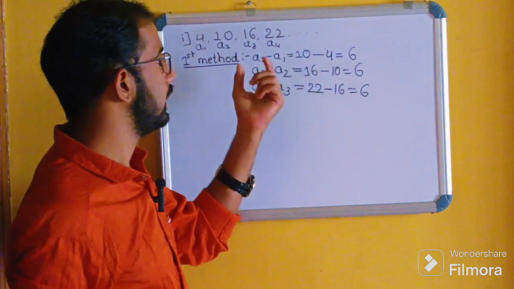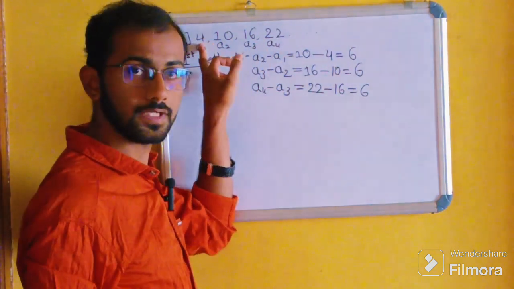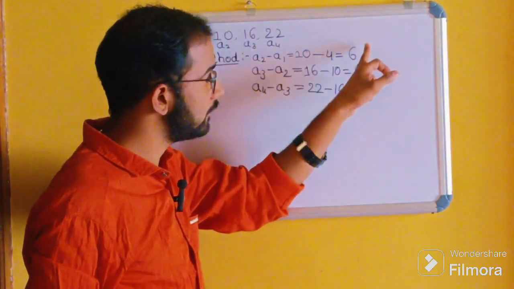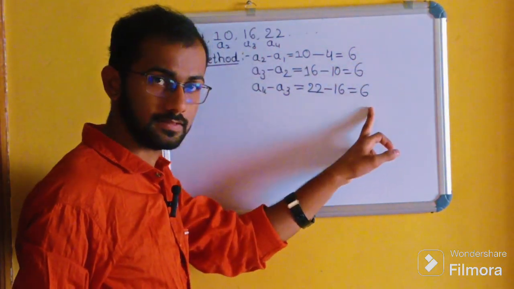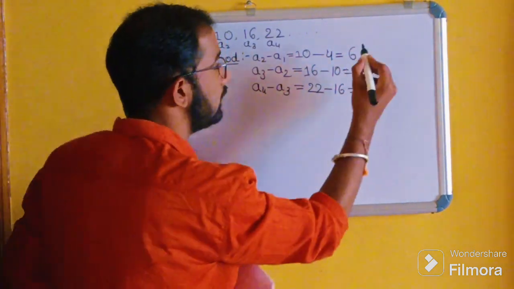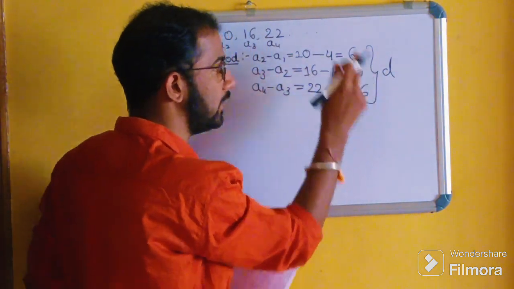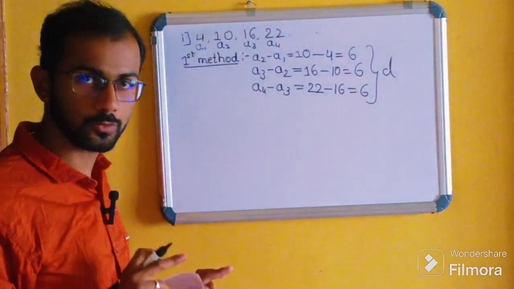See here, if we take the difference between these numbers, the difference is the same: 6, 6, 6. If this common difference D is the same, then we can say it is an arithmetic progression.